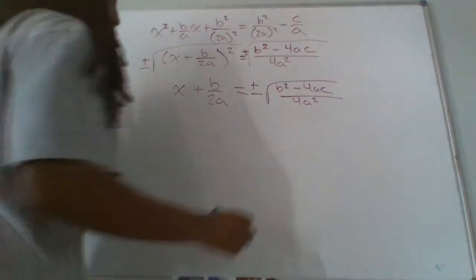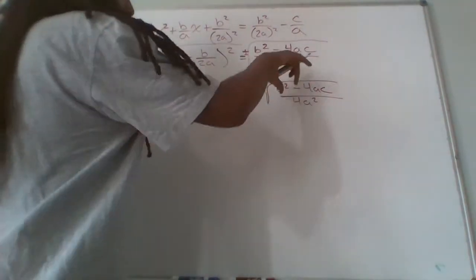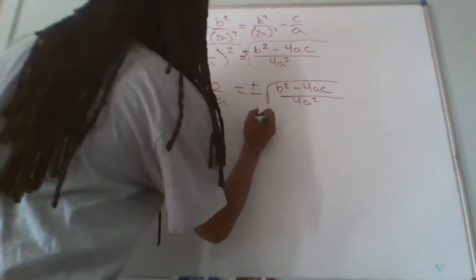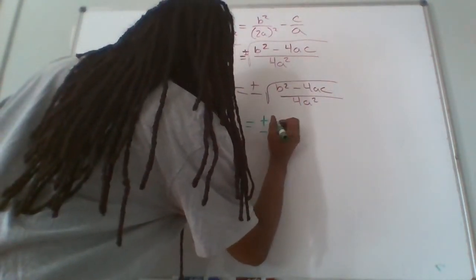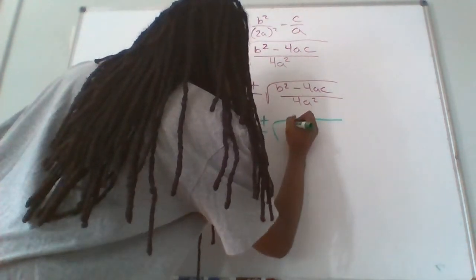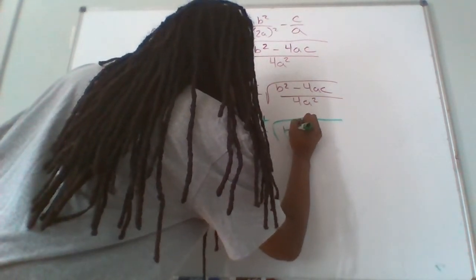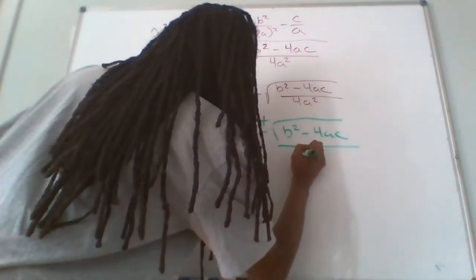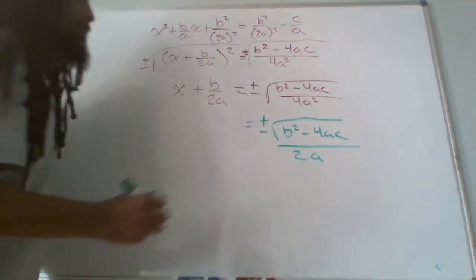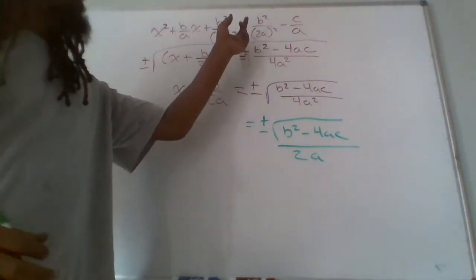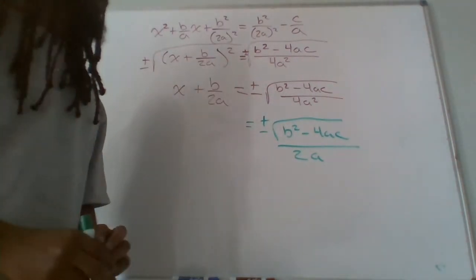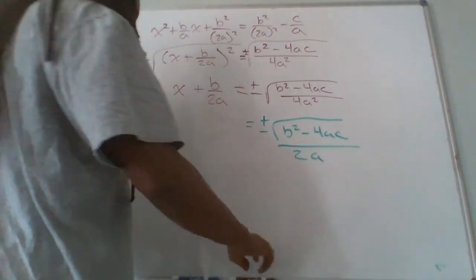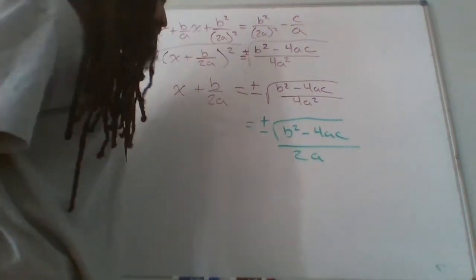For real. Okay, so I'm going to take the square root of the top and the bottom. So this is going to be equal to plus or minus the square root of b squared minus 4ac over 2a. Because remember earlier, this was 2a squared, right? So let's go right back in and replace it.